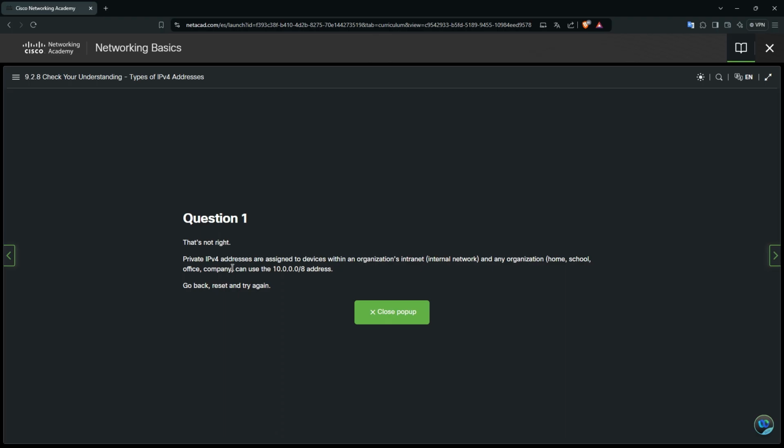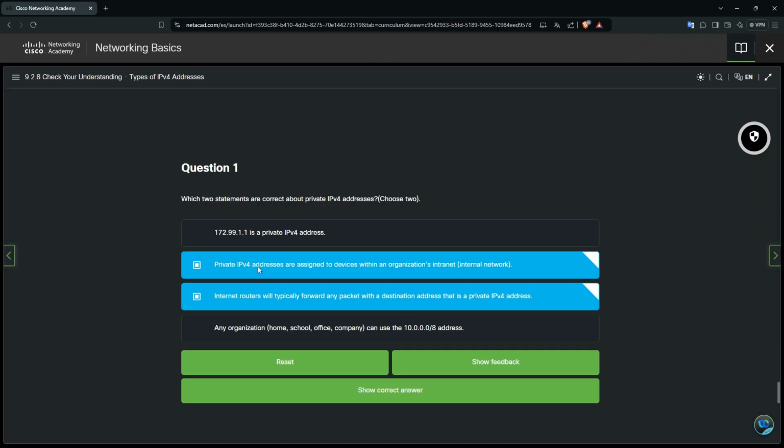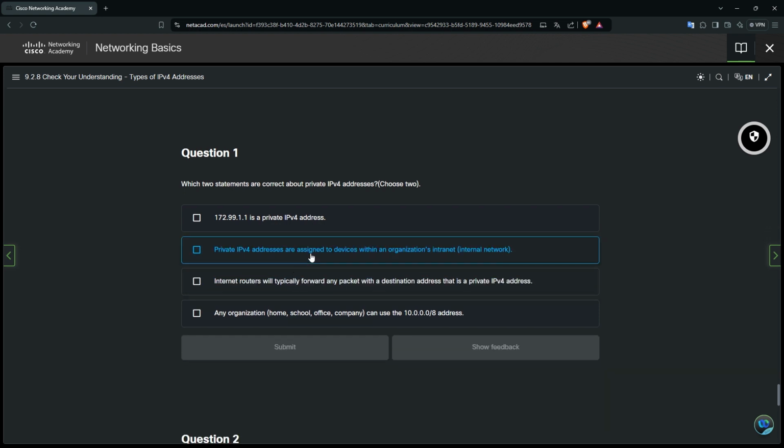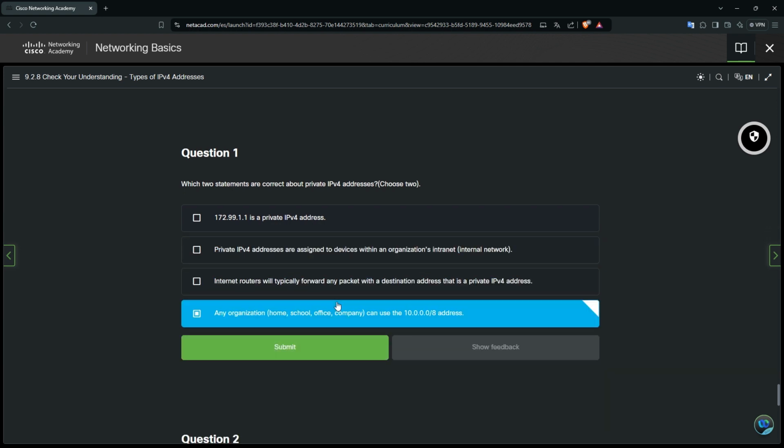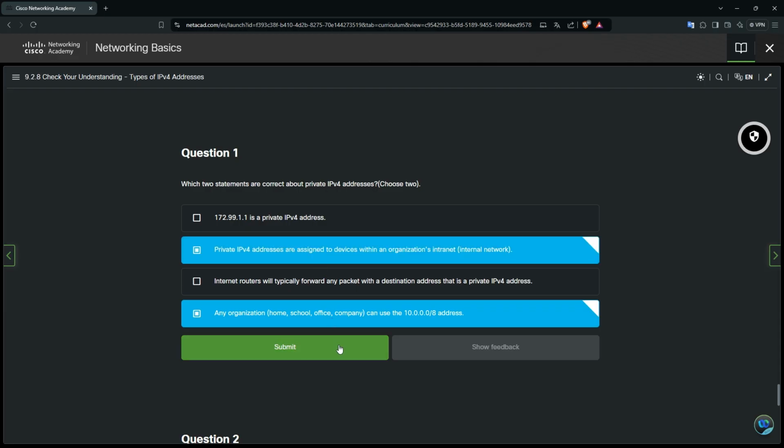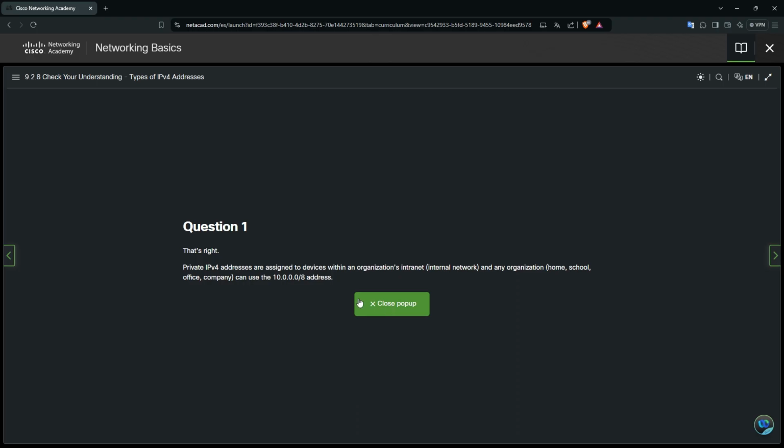That's not right. Okay, reset. Okay, that's right. Private IPv4 addresses are assigned to devices within an organization's internal network, and any organization, home, school, office, or company can use these addresses.